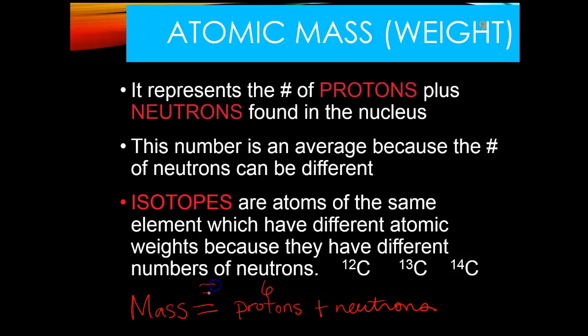And we said the mass, if you're looking at carbon on your table, is equal to 12. We don't know the number of neutrons. So in order to get the number of neutrons, we have to do what? Exactly. We have to subtract 6 from both sides. So that's going to give us neutrons is equal to 12 minus 6, which is 6.